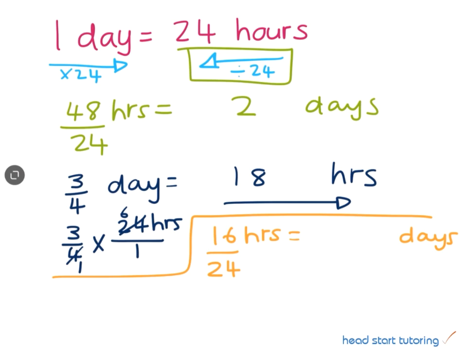So let's start with 4. 4 into 16 goes 4 times, and 4 into 24 goes 6 times. We could have actually used 8 for 16 and 24, but that's fine. Let's divide our 4 and our 6 by 2 again to end up with 2 over 3. So 16 hours is equal to 2/3 of one day.